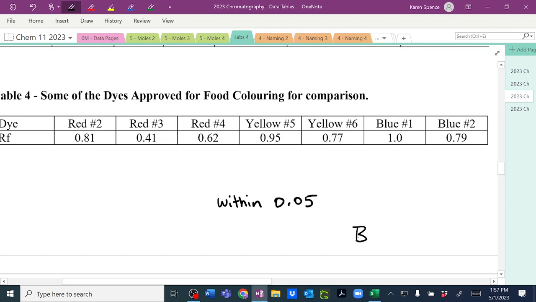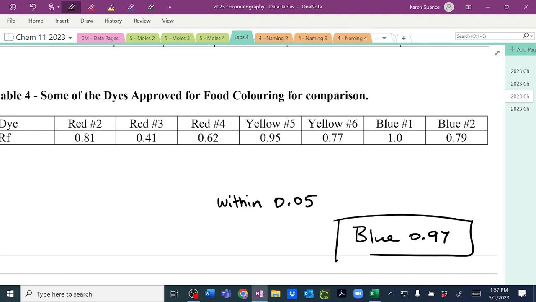And remember, we had blue 0.97. Does that match any of the dyes here? It's close to blue number 1. Anything else?